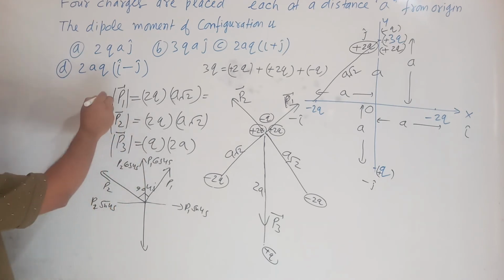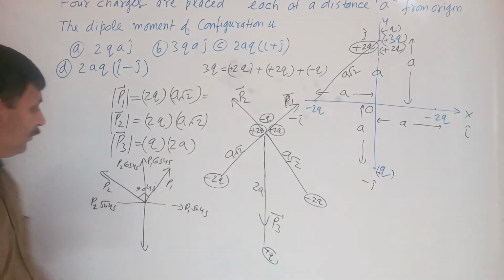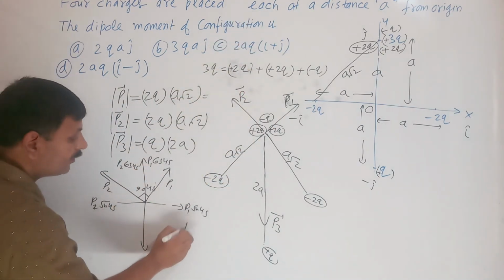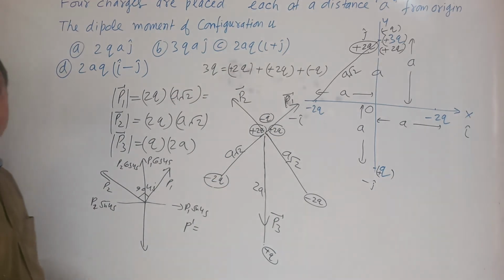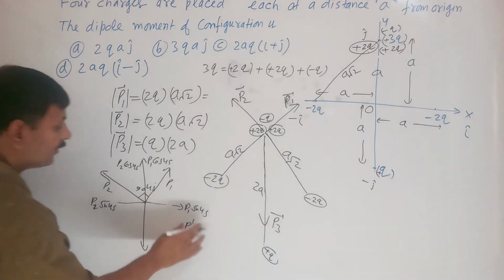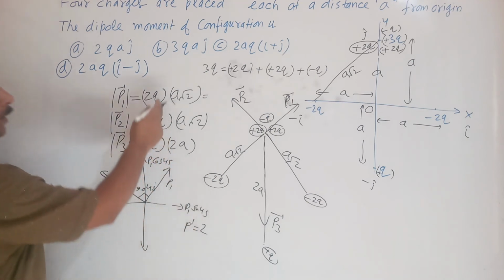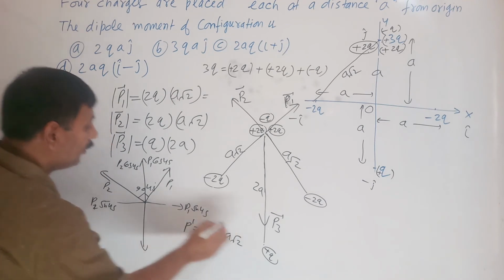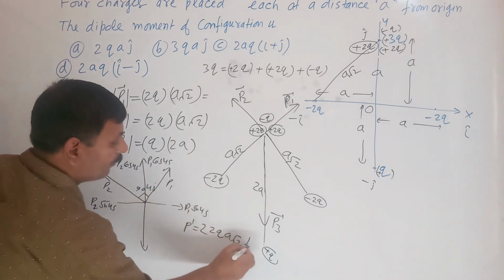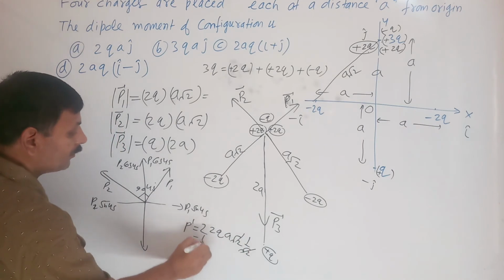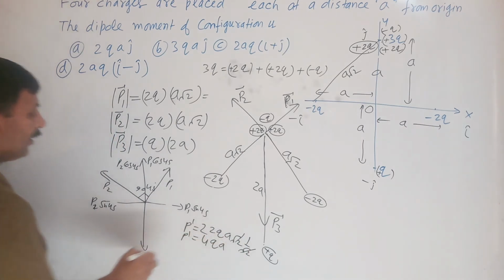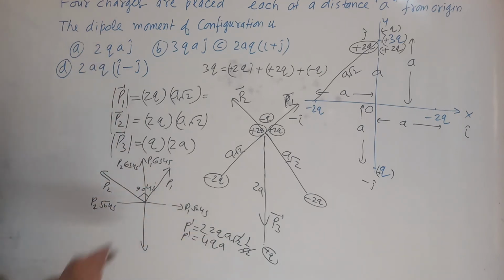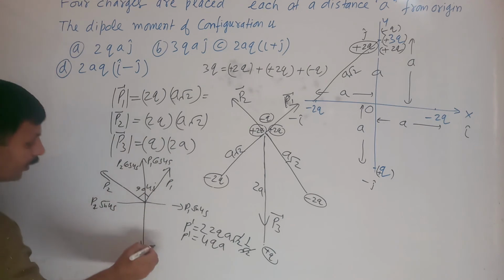So the resultant of these two, p1 and p2, will be along the z axis, and suppose I take its magnitude as p dash. P dash is 2 times the magnitude of p1 and p2, which is 2q a root 2, into cos 45. Cos 45 is 1 upon root 2, so that is 4qa. So the resultant of these two vectors is 4qa upward.